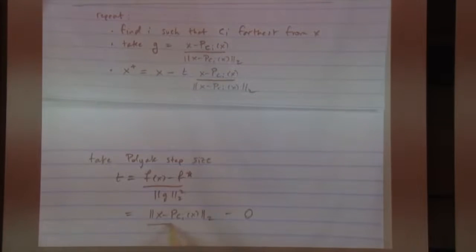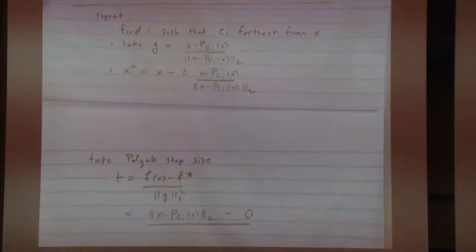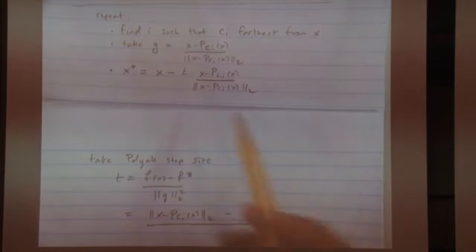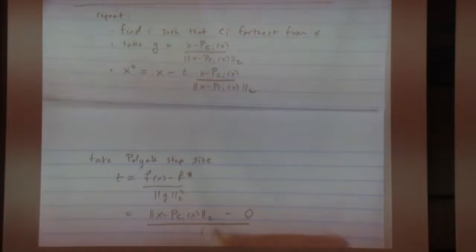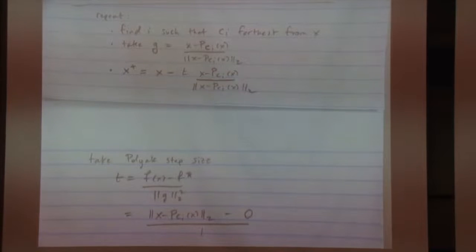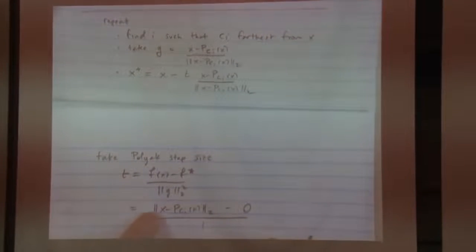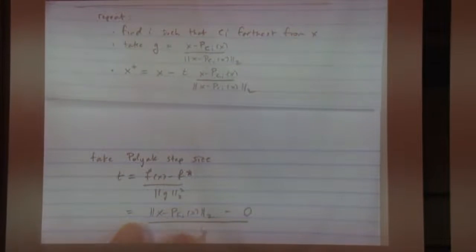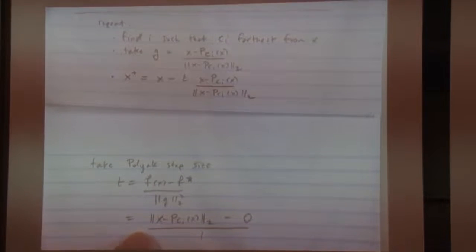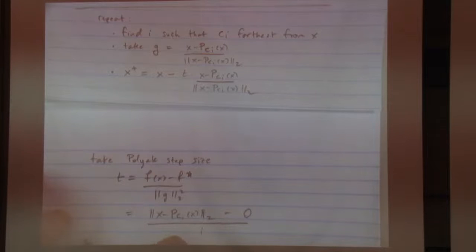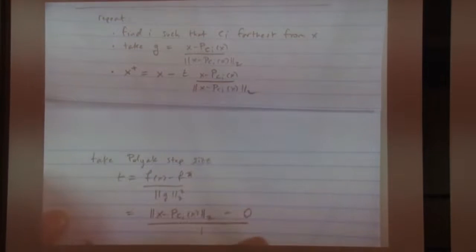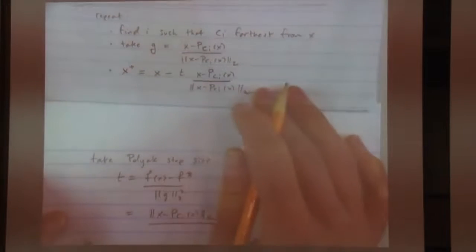And what was the norm of g? Remember, g was this. So what's its norm? Its norm is just 1, right? Norm squared is 1. So in other words, the Polyak step size tells us to take t to be equal to the distance we currently are to the farthest set. And so what does that mean? It means that x plus is equal to where we are, x, minus, the denominators cancel, right?